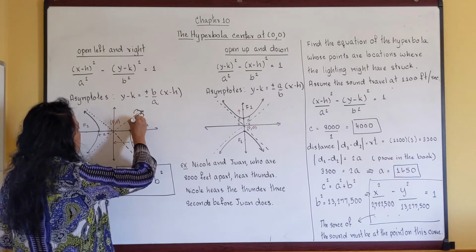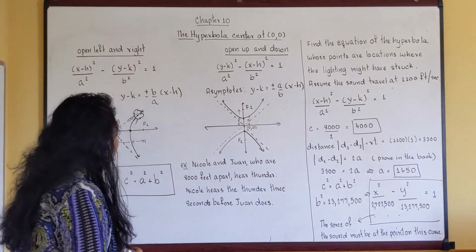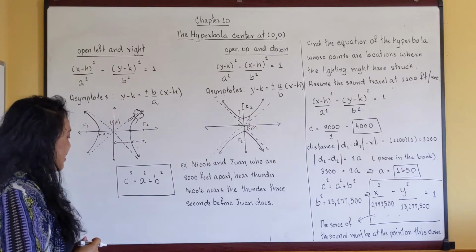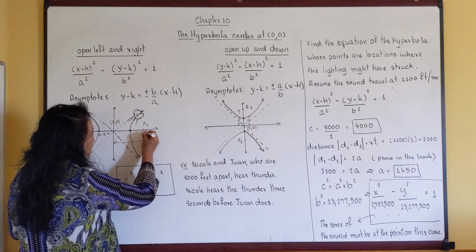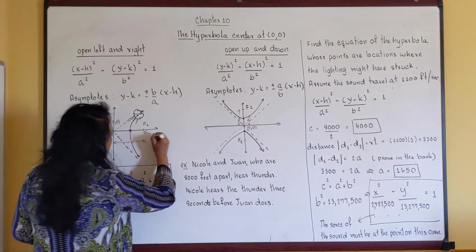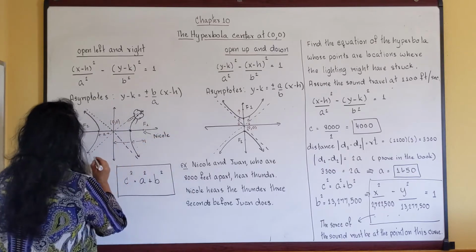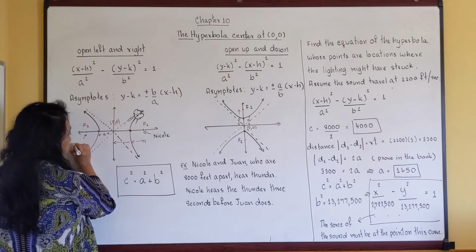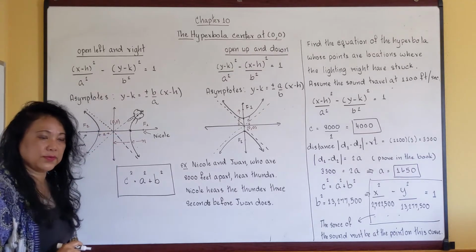Nicole hears the thunder 3 seconds before Juan, so Nicole should be here at F1. These are the foci. And Juan should be at F2, because she gets the thunder first.